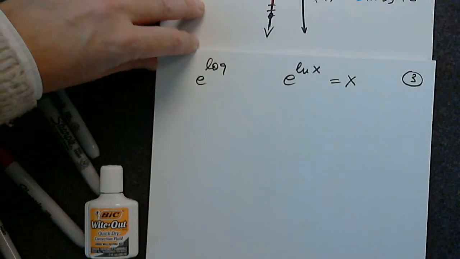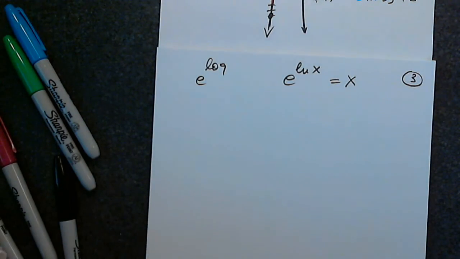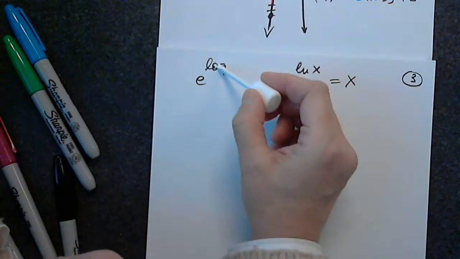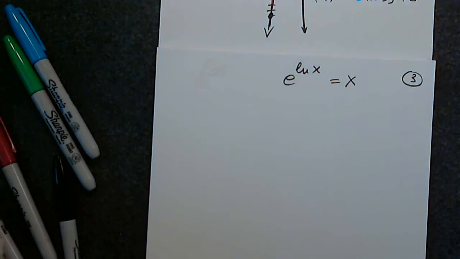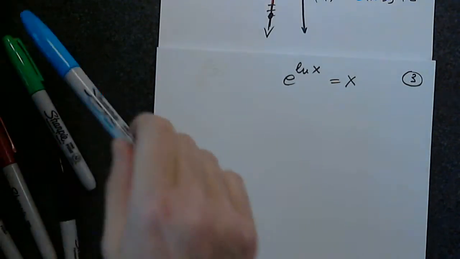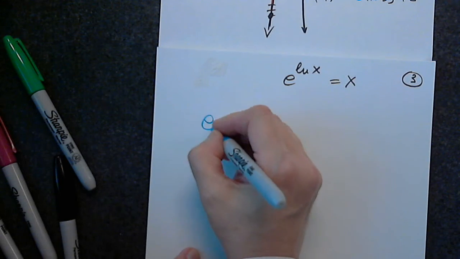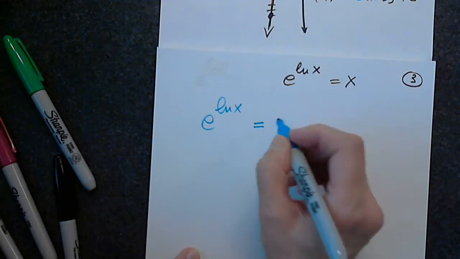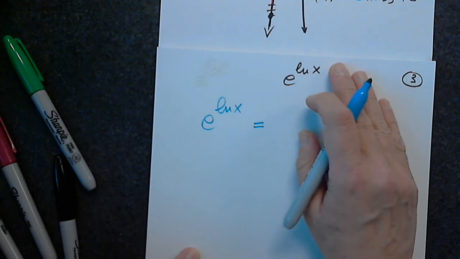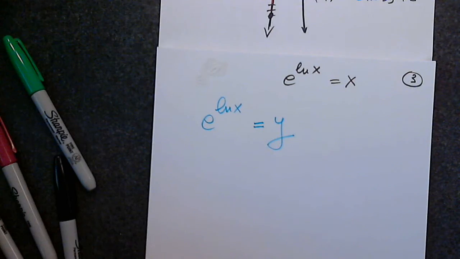Very good. So let me explain this. It's a very good question. Let's say we have e to the natural log of x, and we have no idea what this is. I'm going to call it y. I don't know what it is.